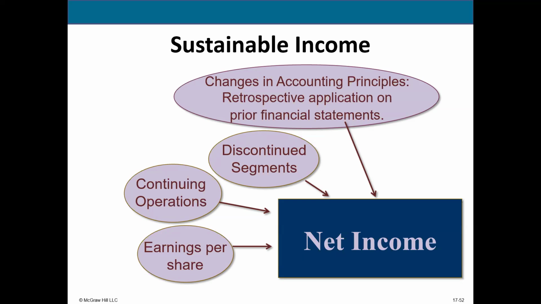It comes from earnings per share, continuing operations, discontinued segments, and other aspects of operating income. If we use all of these different areas of income together, we call it comprehensive income. And comprehensive income is really important for us as managers to know because it's in addition to the regular operating income that the company generates.